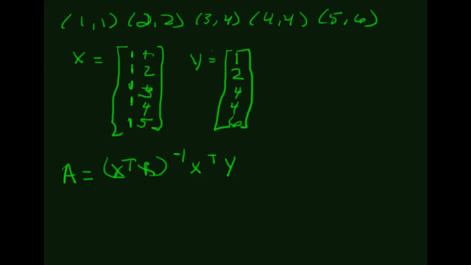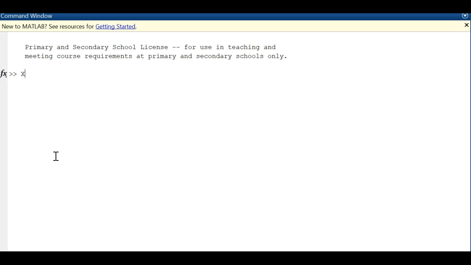So let's actually do that. Okay, so I have my MATLAB command window, and I'm actually going to let MATLAB do the work here. So I need 1, 1, 1, 2, 1, 3, 1, 4, 1, 5, right? So that's my X matrix. My Y matrix is just the column of my Y values. So that's going to be 1, 2, 4, 4, 6.